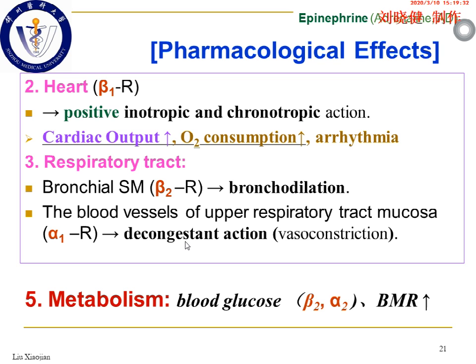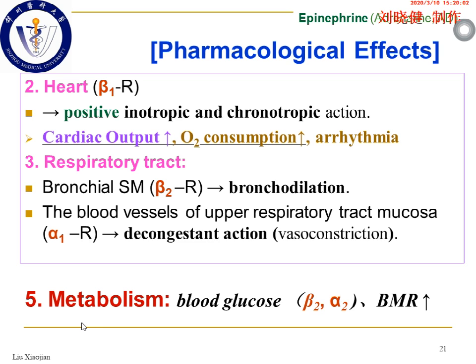Beta receptor, including alpha-1 receptor, also acts on the liver and pancreatic islet beta cells. So it can promote metabolism and increase blood glucose. This is determined by beta-2 and alpha-2 receptor. So it increases BMR. I think you know BMR, basic metabolic rate.